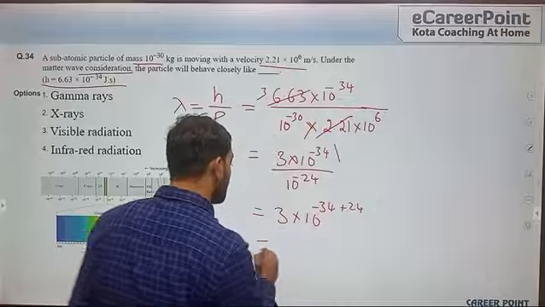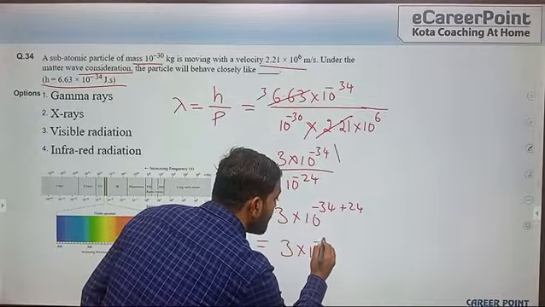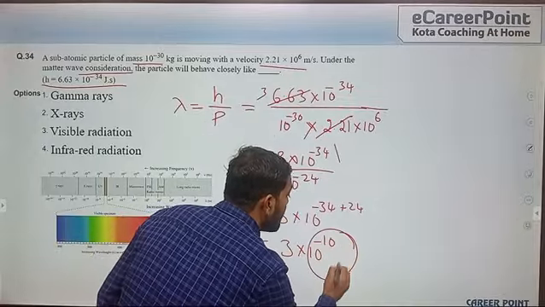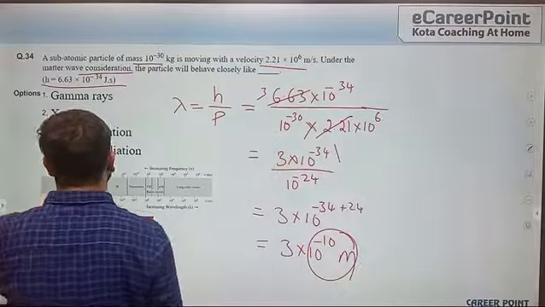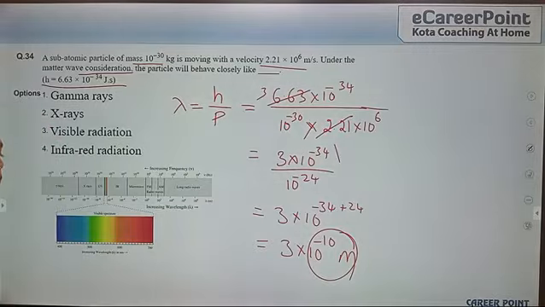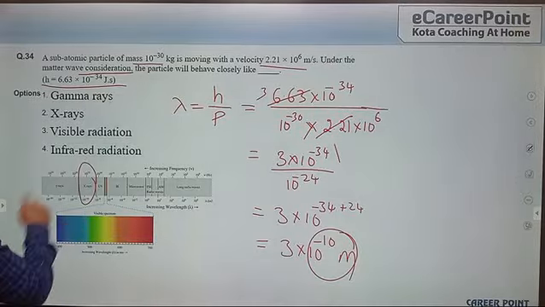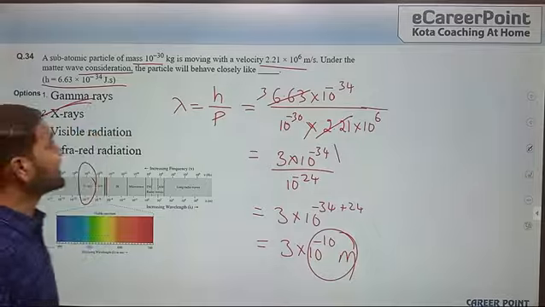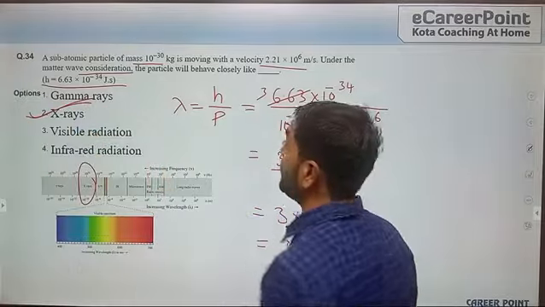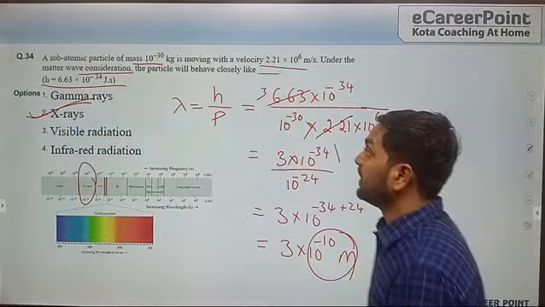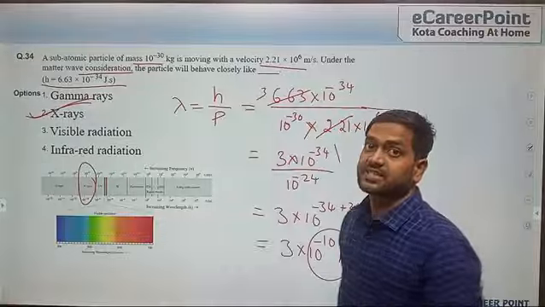Then we get 3 into 10 power minus 10. So where do we have 10 power minus 10? 10 power minus 10 is about the wavelength of X-rays. So the given wavelength of the matter is about that of X-rays.